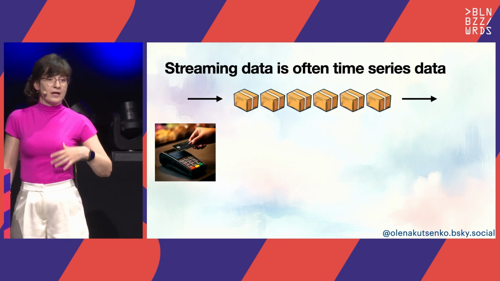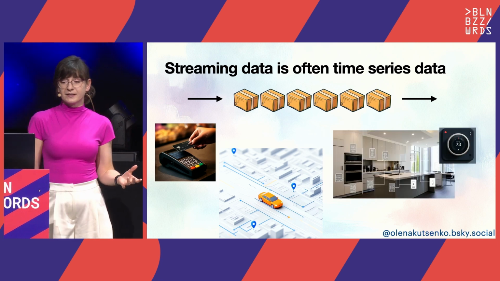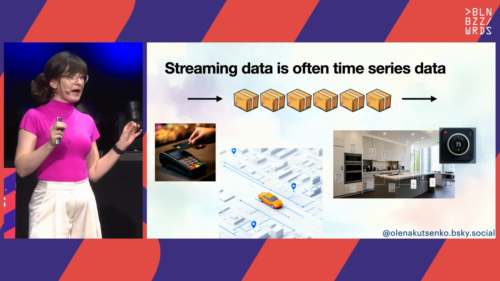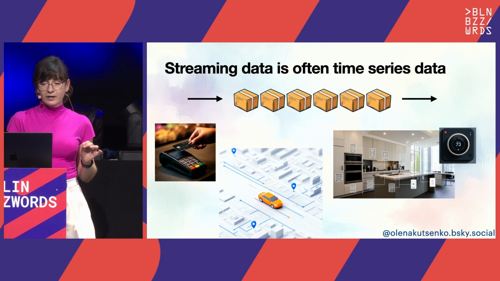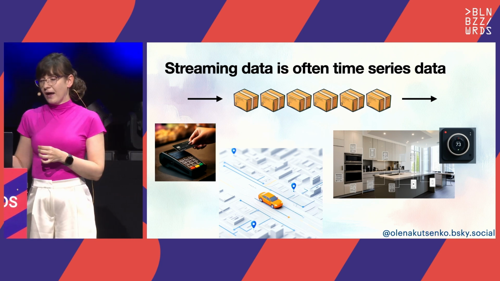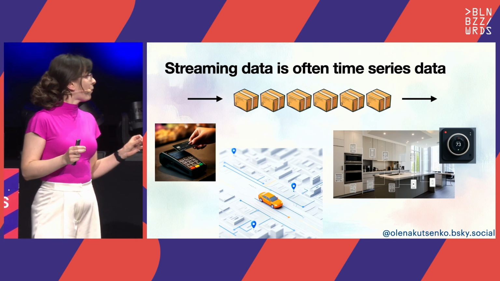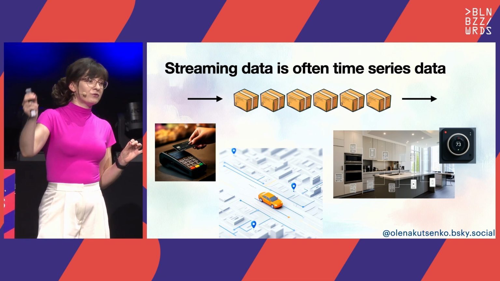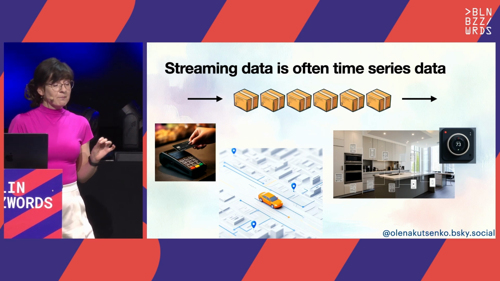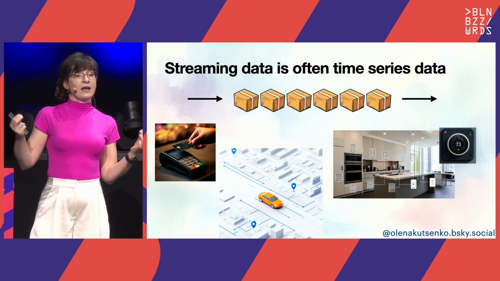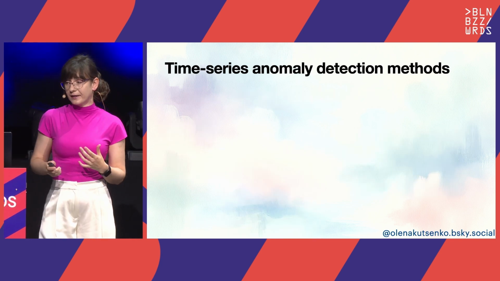So whether we are using the data coming from transactions or cars or IoT devices, this data is kind of unique because we measure one or more variables changing over time, creating some dependencies between the data points. So each data point actually somehow relates to the previous data points in the sequence. And this impacts the choice of the models which we do and what kind of solutions we can apply.